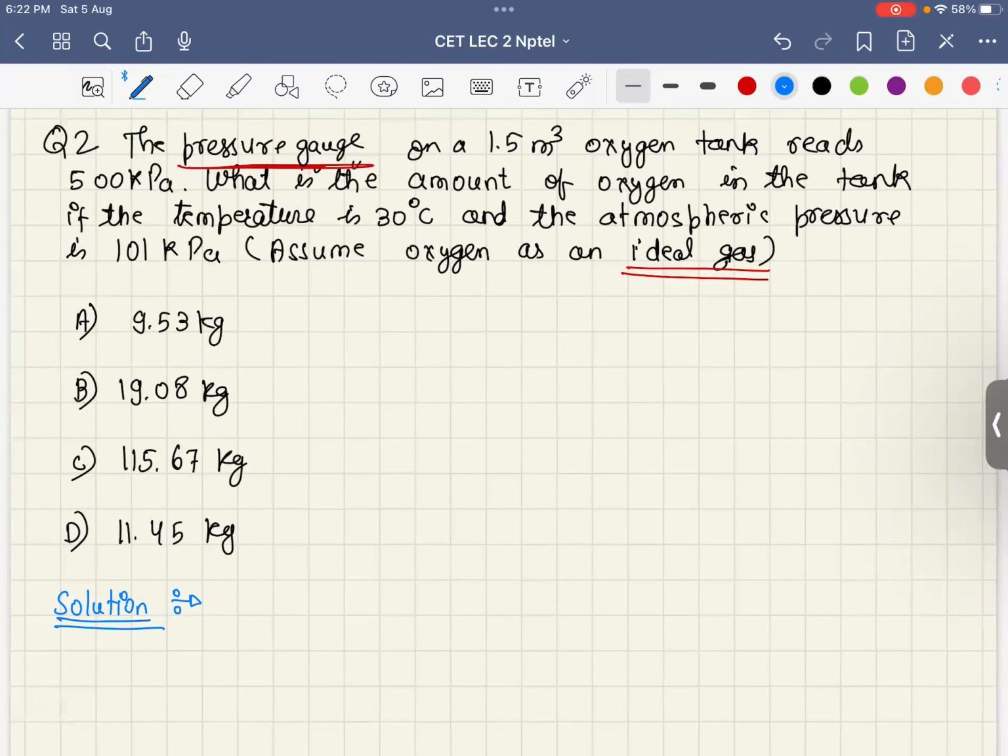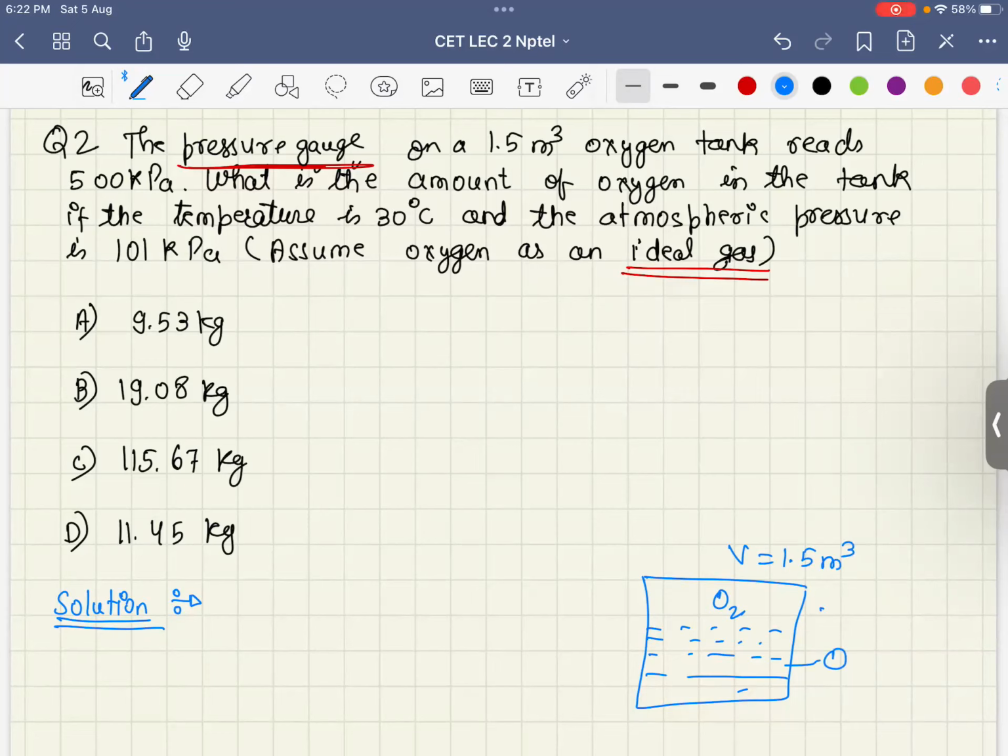So let us first understand the question. The pressure gauge on a 1.5 meter cube oxygen tank. So we have a tank which is filled with oxygen, O2, and its volume is 1.5 meter cube, right? A pressure gauge is attached to it and it is reading a gauge pressure of 500 kilopascal, right?